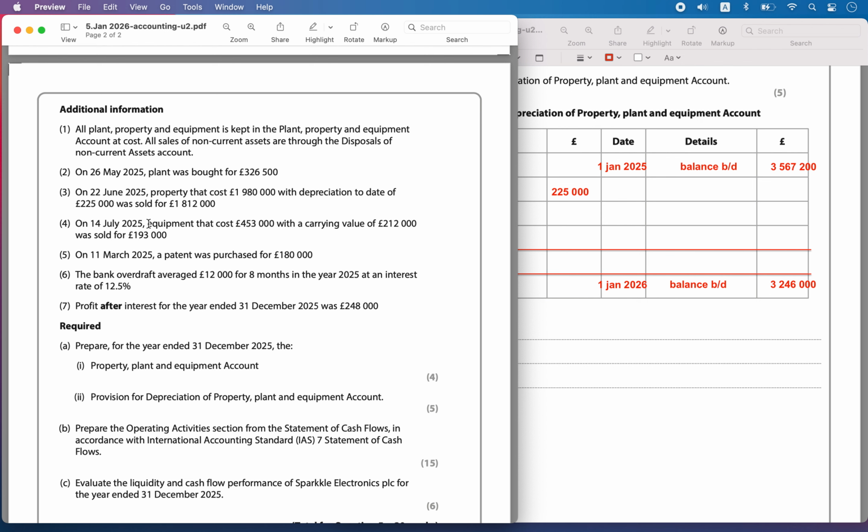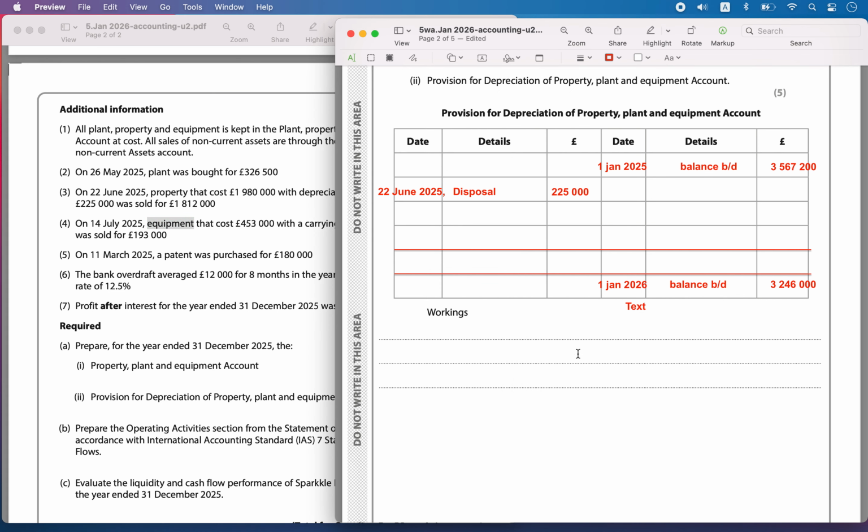Then on 14th July 2025, equipment that cost 453,000 with a carrying value of 212,000 was sold for this much. Now for the equipment we have to calculate the depreciation cost because it's not directly given. So the depreciation of the equipment will be equal to the cost minus carrying value.